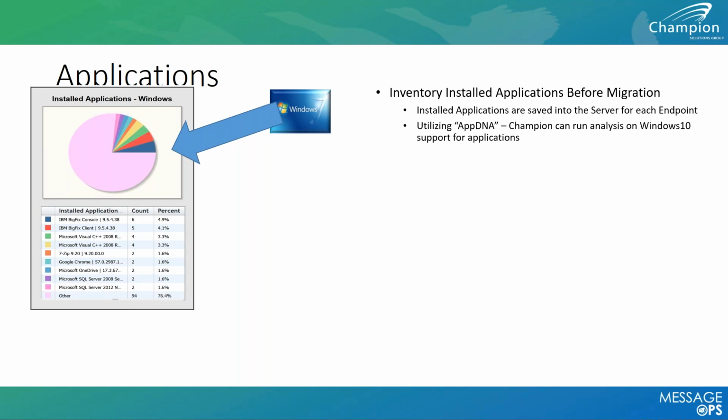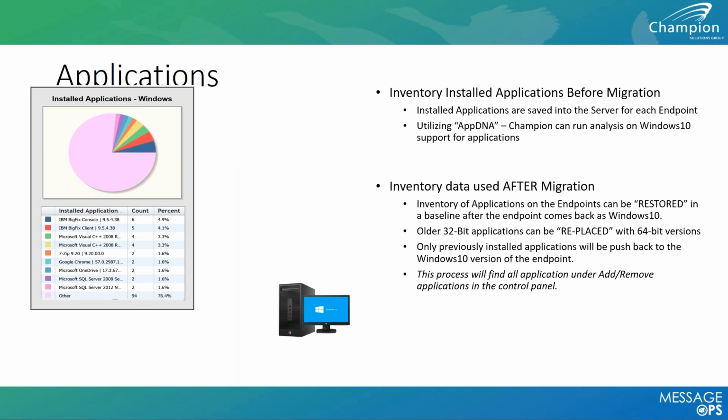We also try to look at your applications and pump them through tools like AppDNA to validate that if you move these applications from what they are today back under Windows 10, they are supported under Windows 10. This will help us with the roadmap to understand the applications in your environment and what effort it's going to take to move this information under Windows 10.